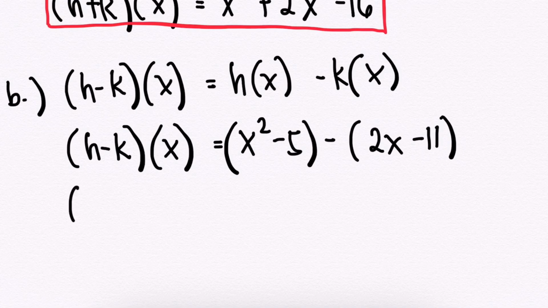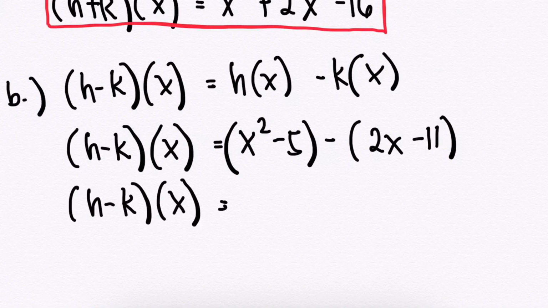So, h minus k of x is equal to x squared minus 5, then I will be changing positive 2x to negative 2x, and negative 11 to positive 11.